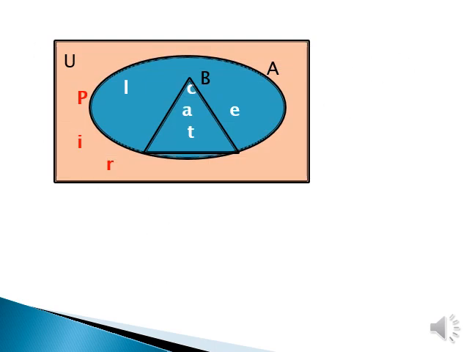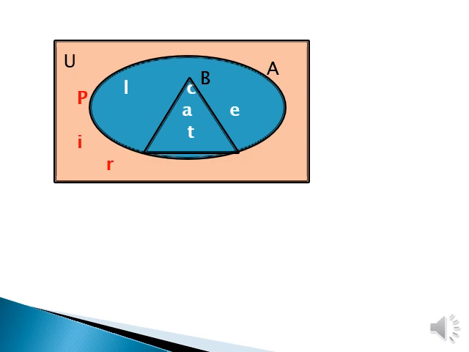Here you can see the universal set, then set A using the oval shape and set B using the triangle shape. Now in the universal set all alphabets are present, meaning all letters of caterpillar are present. But for set A, only C, A, T, L, E are present.